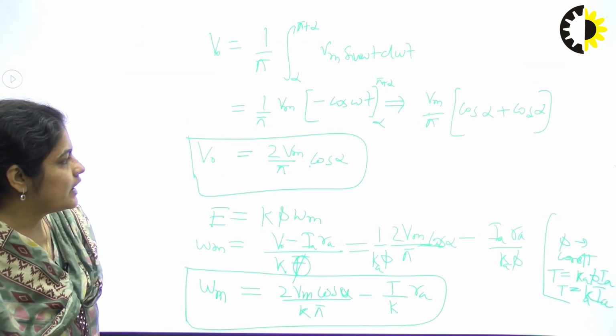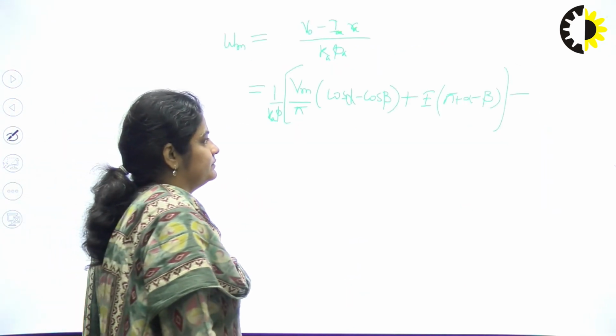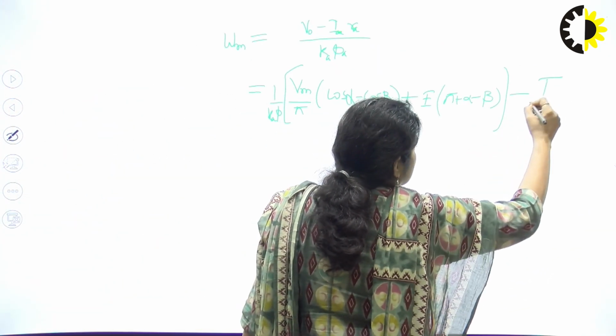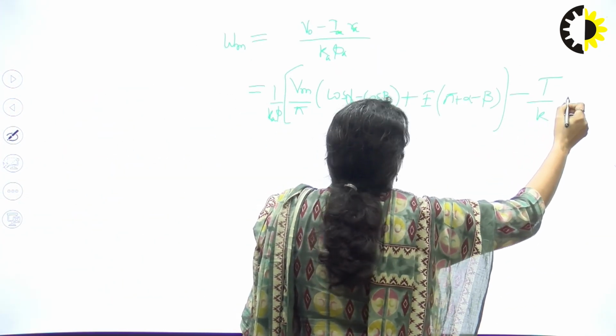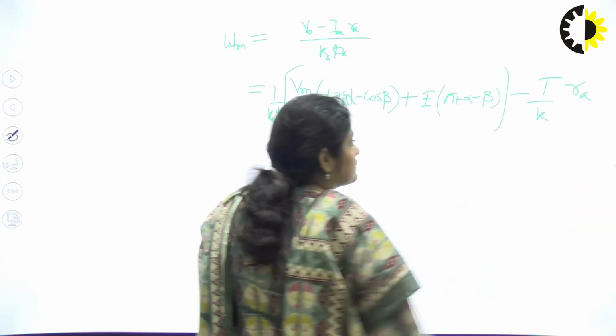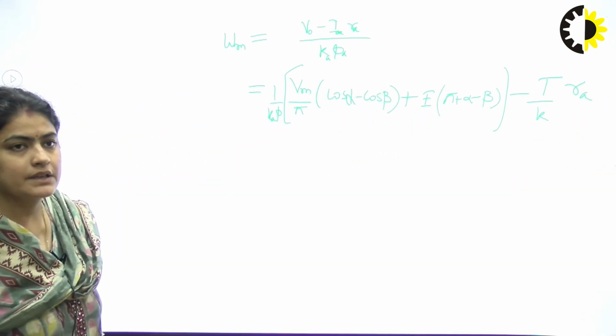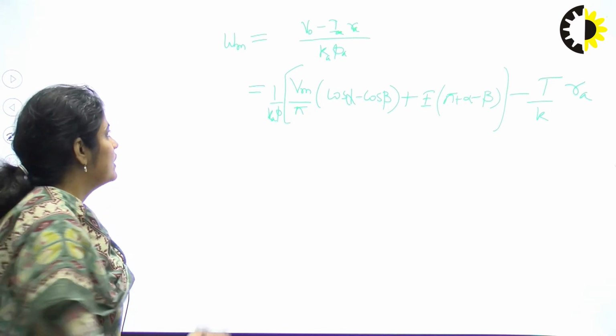So this can be written as T upon Ka squared phi squared times Ra, because it's a DC separately excited motor, flux remains constant.